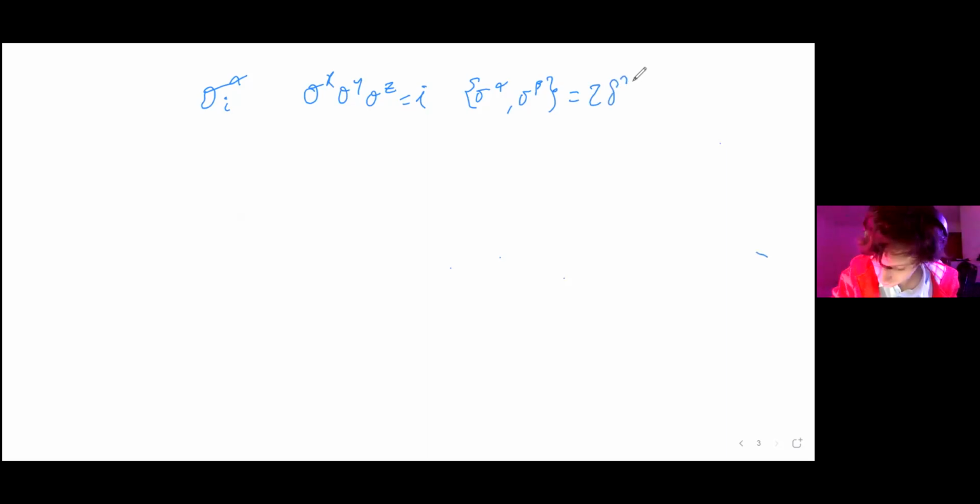I'm going to write this in this form. This also tells you that they square to the identity. So really, if you just knew that they squared to the identity and you had this one, you could figure out anything you needed.